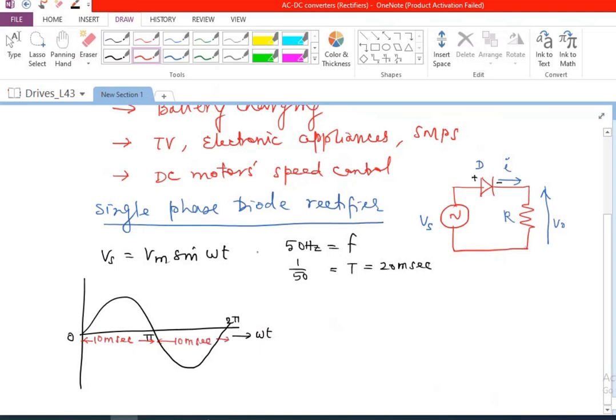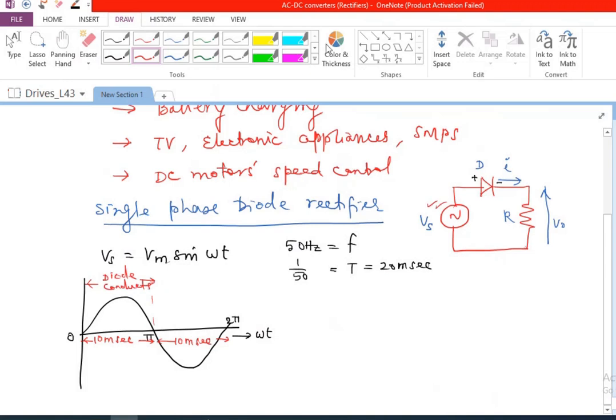The diode will conduct only when the anode voltage is positive with respect to the cathode. So only during the initial 10 millisecond portion, you can see that the voltage is positive. What I'm applying from here is positive, so the anode is going to be positive, and the diode will conduct only during this portion. In the other portion, the diode is not going to conduct.